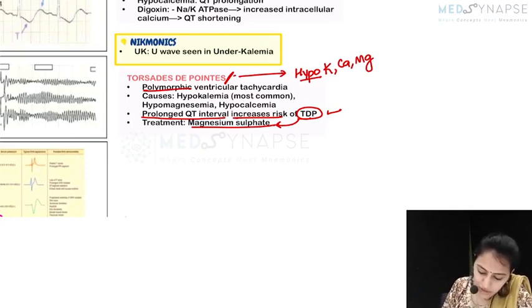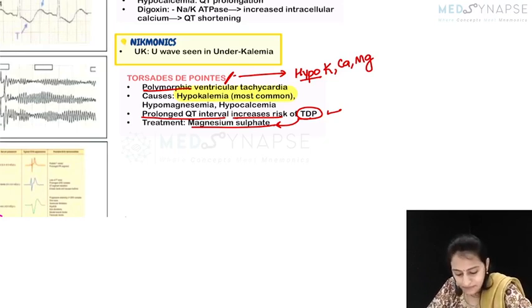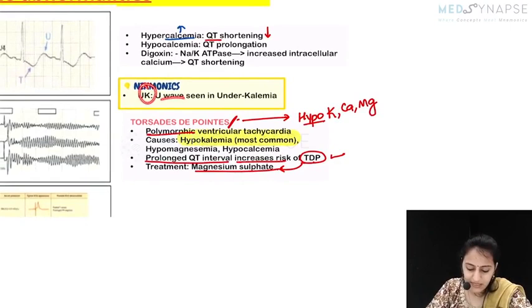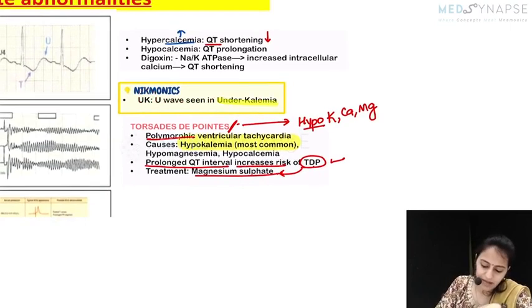If they ask what's the most common, it is actually hypokalemia. So all the hypos cause Torsades de pointes. U wave, UK, it is seen in underkalemia. Remember, hypokalemia.